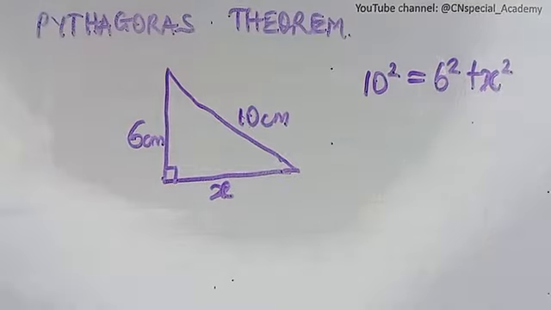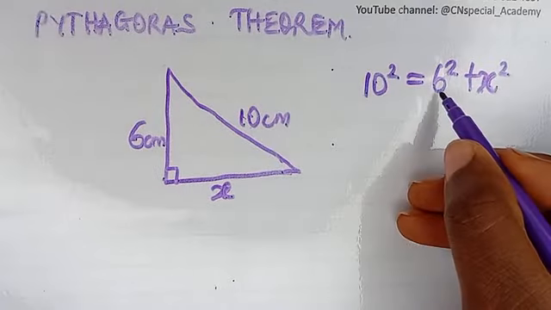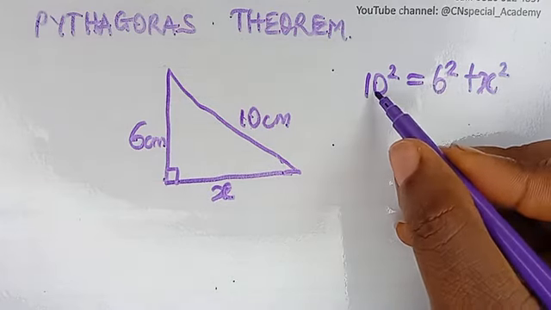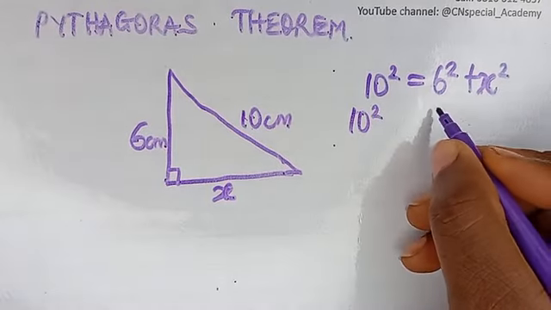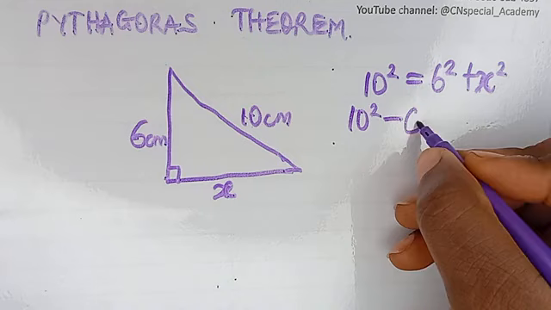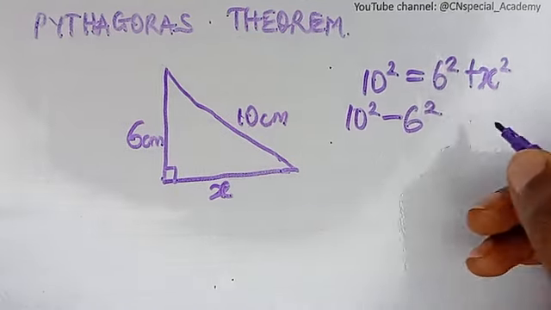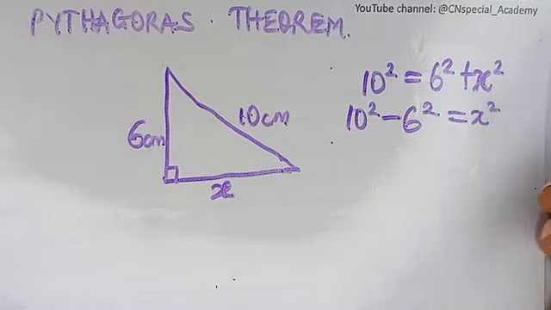So we are going to make x the subject of this formula, by taking 6 squared over to this other side. So we have 10 squared minus 6 squared is equal to x squared.